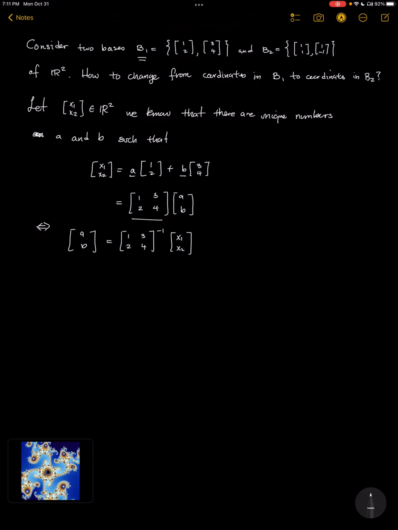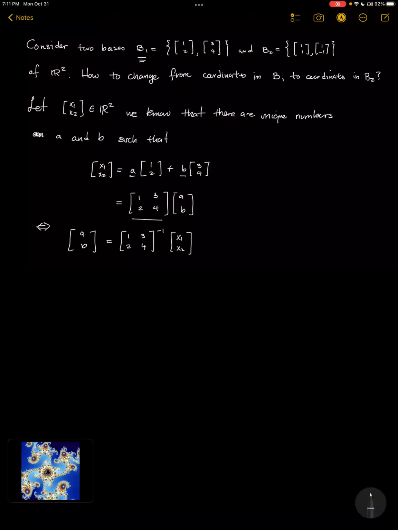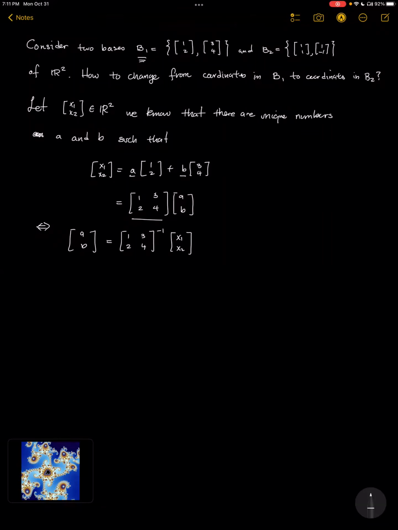So this is just a relation that goes back and forth. Nothing of a surprise, because when we form a matrix from the column vectors associated with the basis V1, we expect to get an invertible matrix.